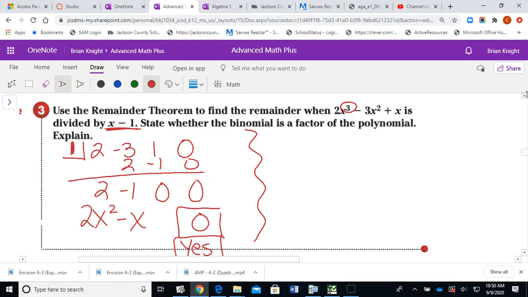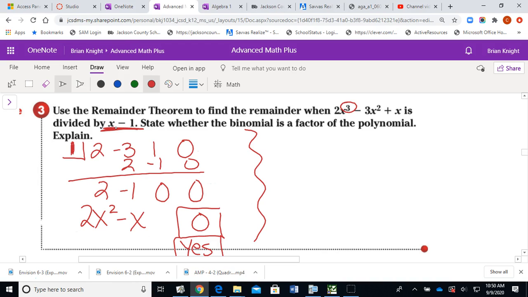If 0 is the remainder, then x minus 1 is a factor. It's asking, is x minus 1 a factor? It's got to be 1 minus 1, because your remainder is 0. No, ma'am. X minus 1 is a factor of 2x cubed minus 3x squared plus x.